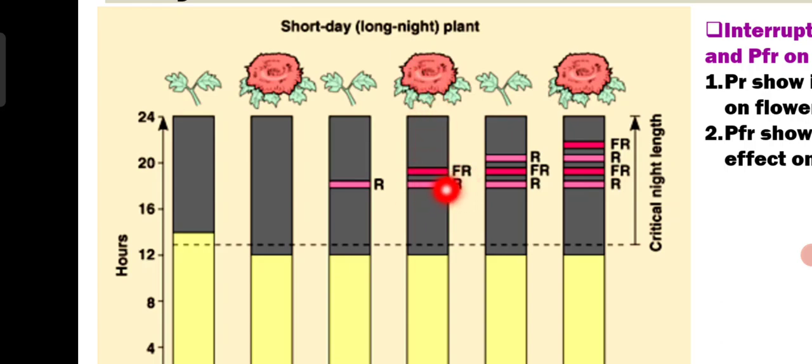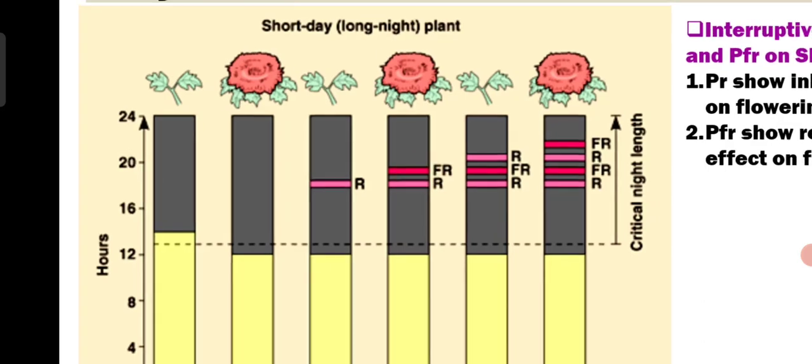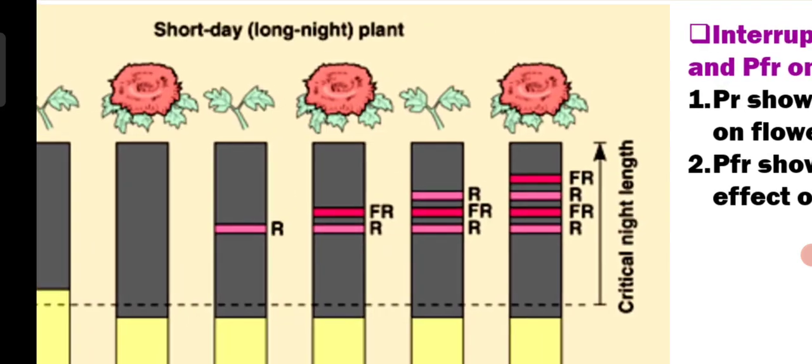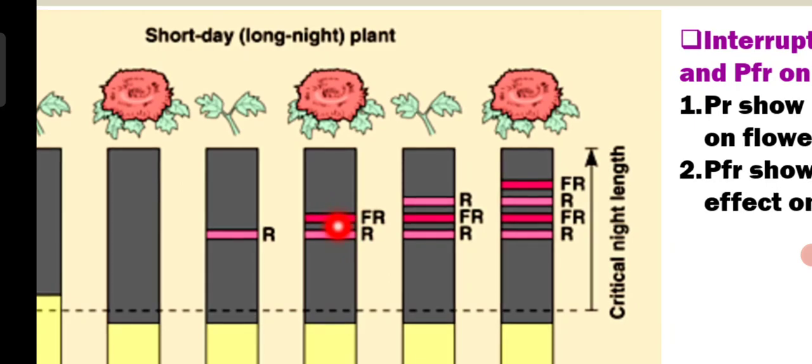When red radiation is followed by far red radiation in a short day plant, it will flower.